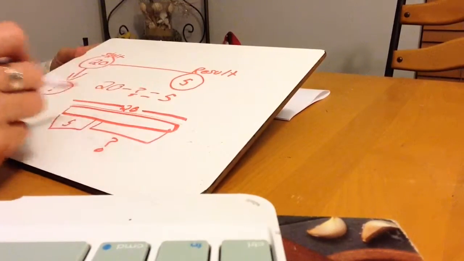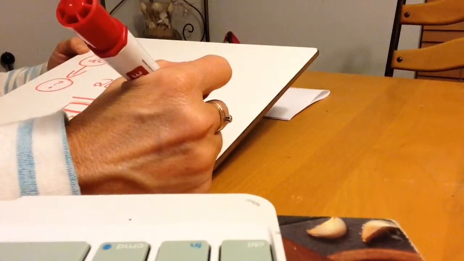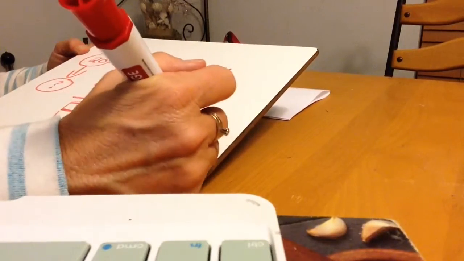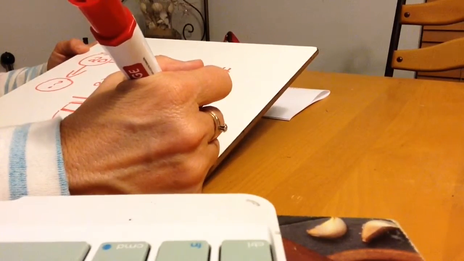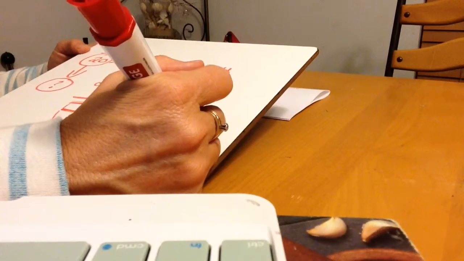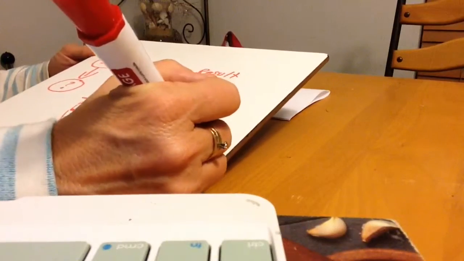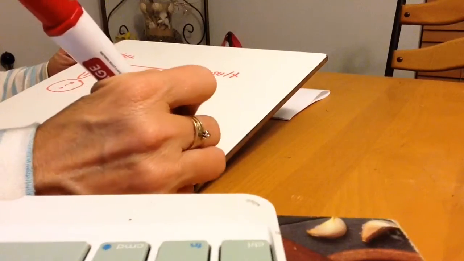So by looking at this, the children are able to understand, or the students, I should say, that 20 plus 5 equals 25.